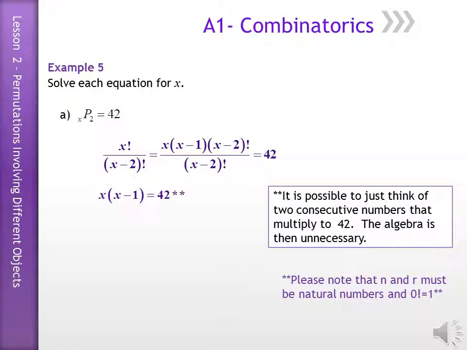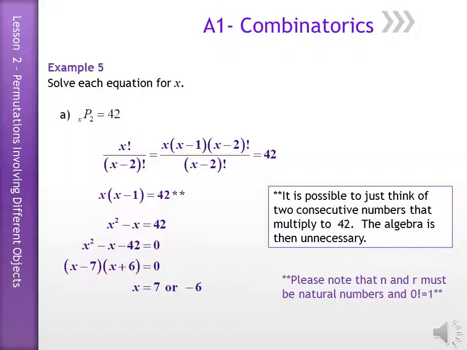So let's move on. Using the distributive property, we would multiply the x through the bracket. So we would get x squared minus x equals 42. If we subtract the 42 from each side, we get x squared minus x minus 42 equals 0. Recall from Math 11, in order to solve, you now need to factor.